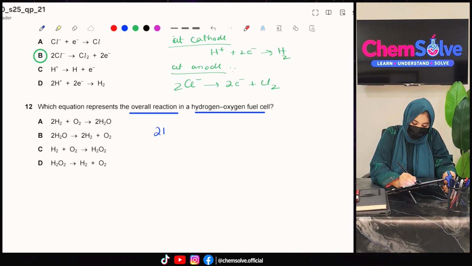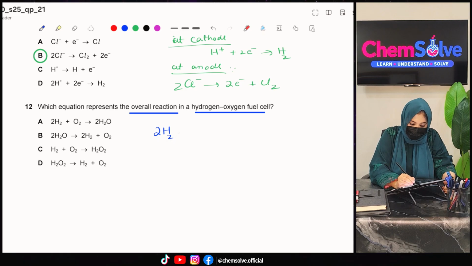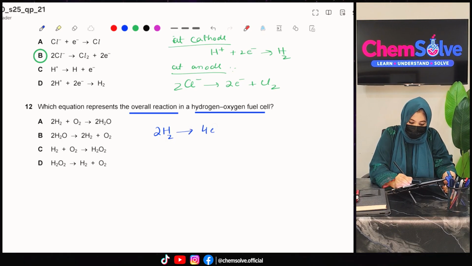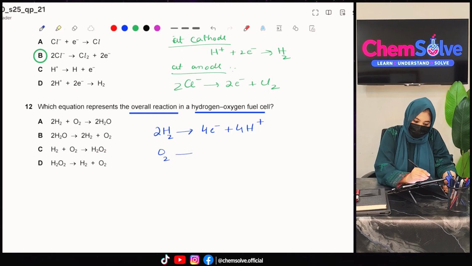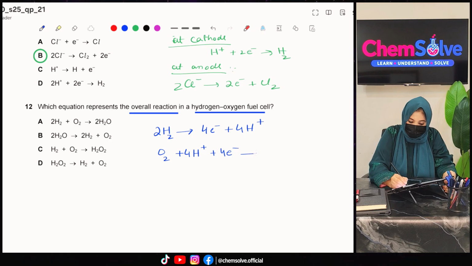We have 2H2, it ionizes, it gives 4 electrons and 4H positive, and then we have oxygen and it is reduced, it gains 4 hydrogen ions and 4 electrons and it forms 2H2O.